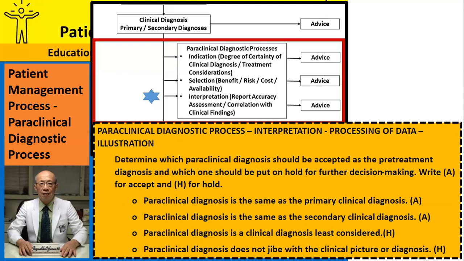Paraclinical diagnosis is the same as the secondary clinical diagnosis, accept. Paraclinical diagnosis is a clinical diagnosis least considered, hold for a while. Paraclinical diagnosis does not jive with the clinical picture or the diagnosis, hold.